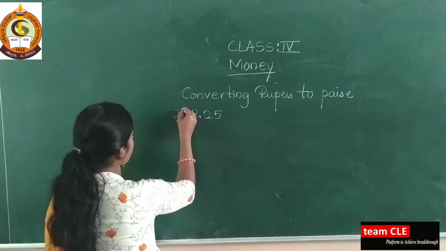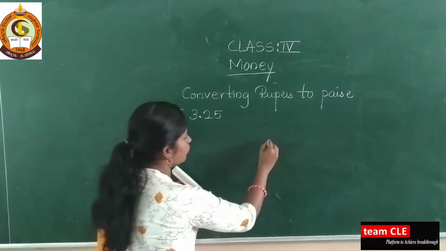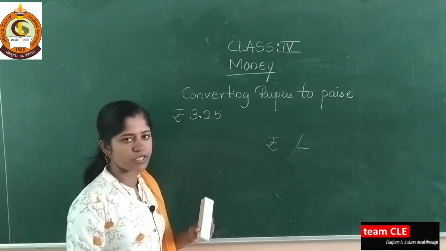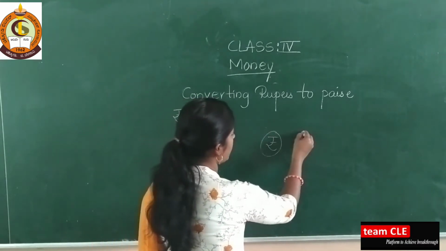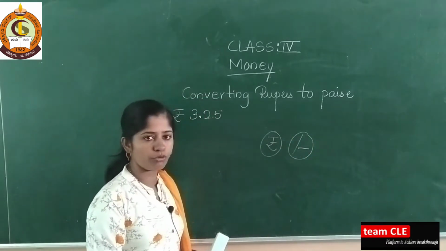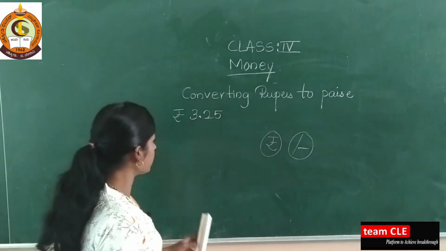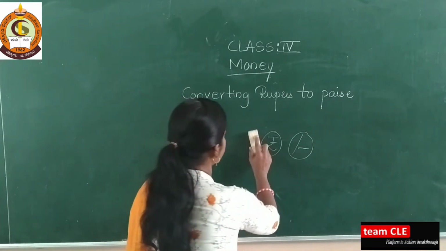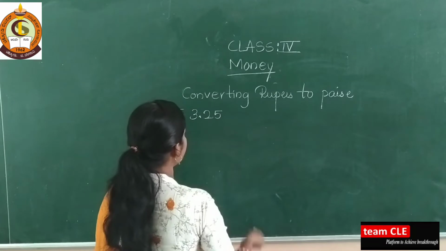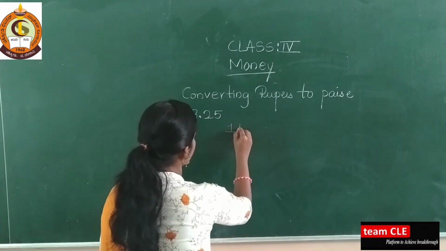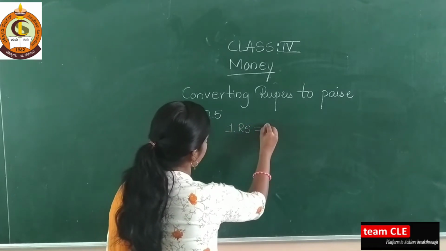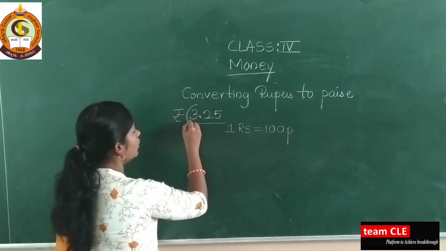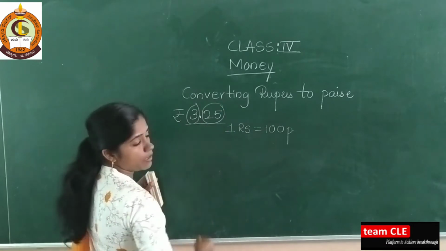See here, dear students, this is the symbol of rupees, or if you are writing this way, this is also correct. This is also a symbol of rupees. I hope you are getting my point. Here rupees 3.25 is there. Then how to convert this? Already you know 1 rupee is equal to 100 paise. This is rupees and this is paise.